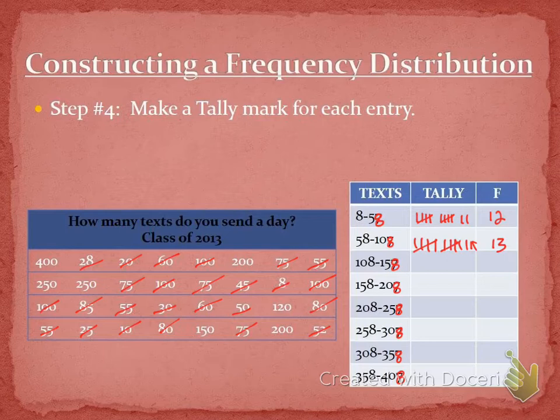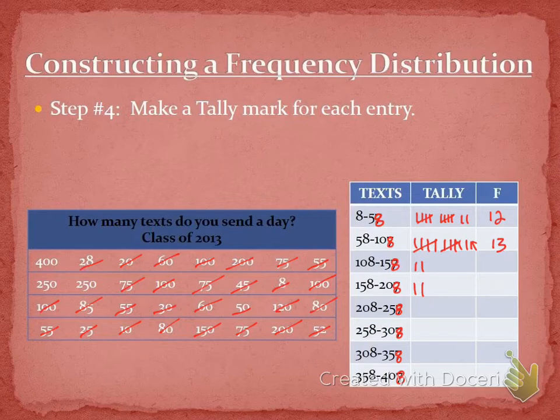And then 108 to 158. Oh, got one. 2. And then 158 to 208. There's 1 there. Another 1 there.